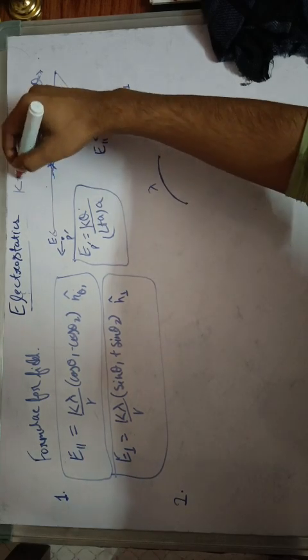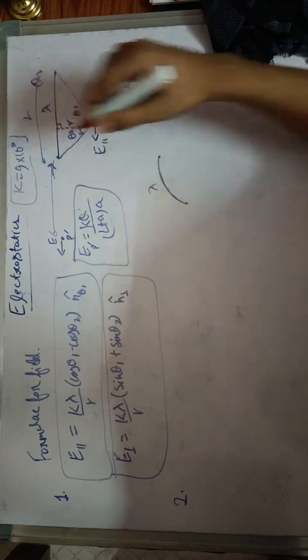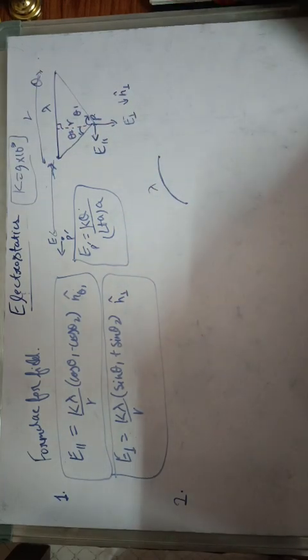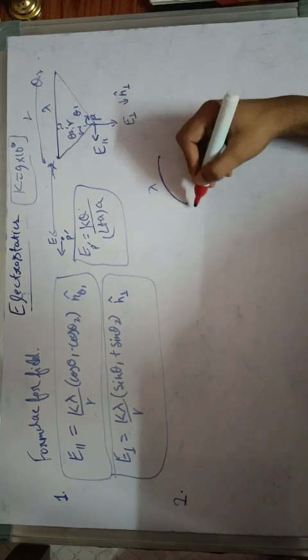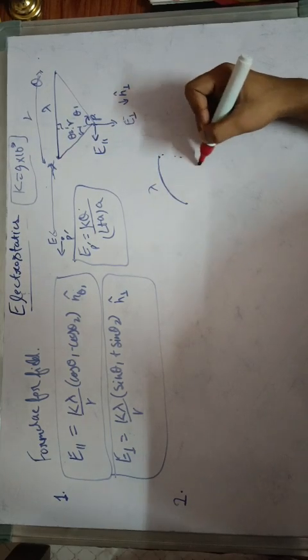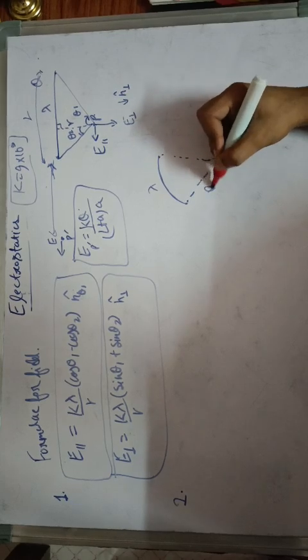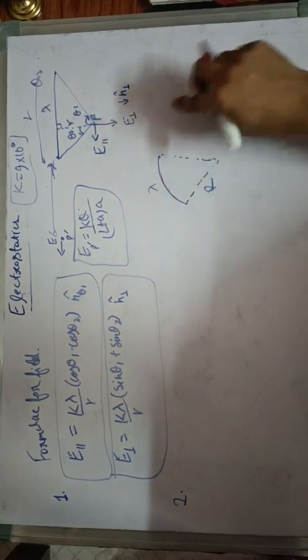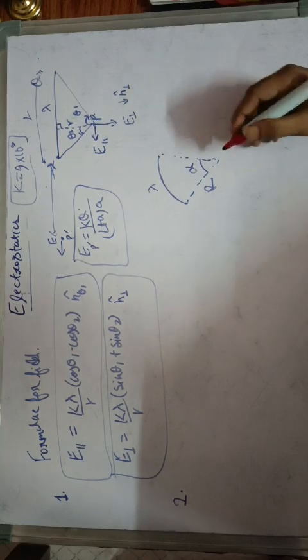Here k is equal to 9 times 10 to the power 9, the constant used in Coulomb's law. Let's say this arc is made by a radius r, and this angle is alpha.